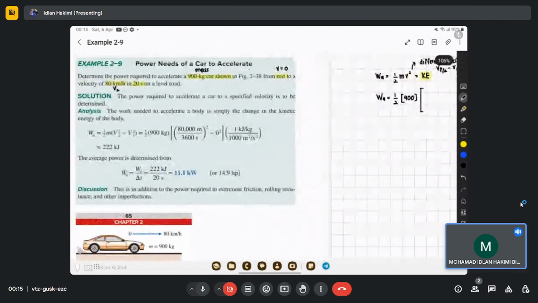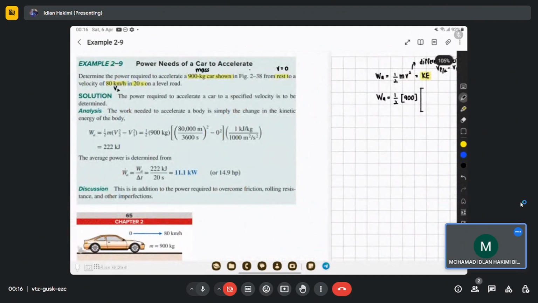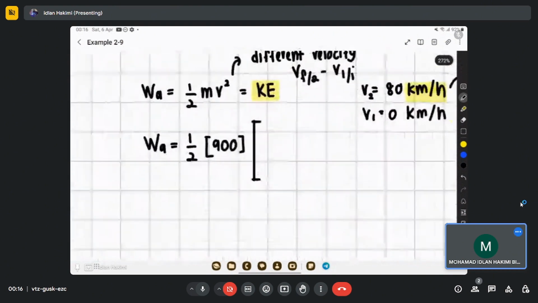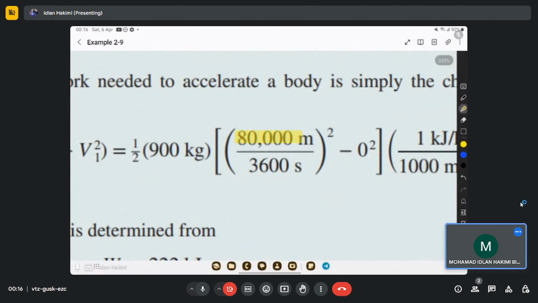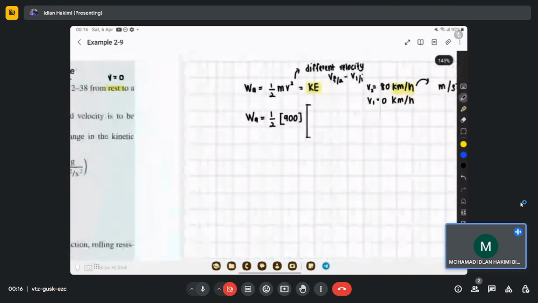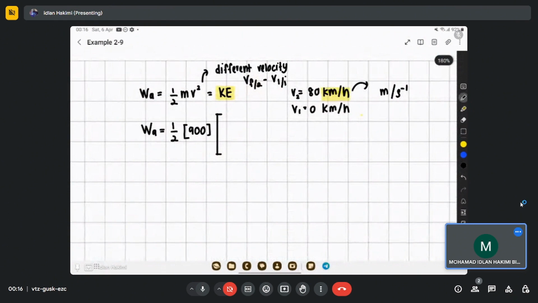So it says 1 over 2 times 900, and then 18,000 meters and 3,600 seconds. Why? Because we want to change from kilometers per hour to meters per second, so we need to change the unit.